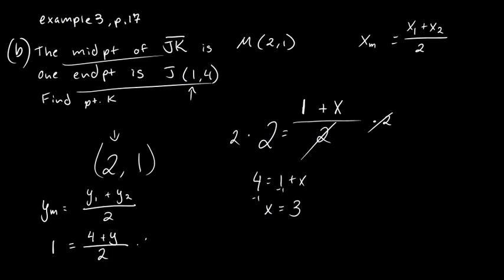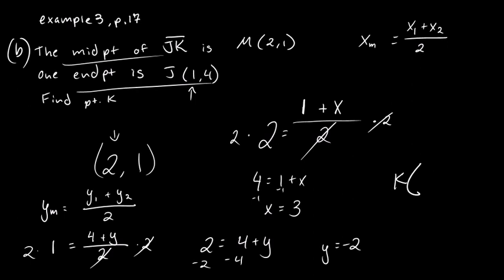Same process of multiplying by 2. I get 2 equals 4 plus y, and y equals negative 2. So our other endpoint, point K, is 3, negative 2.